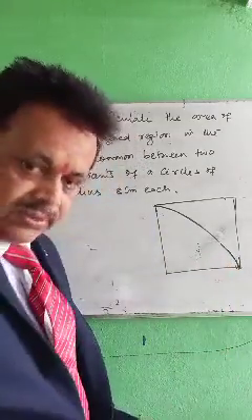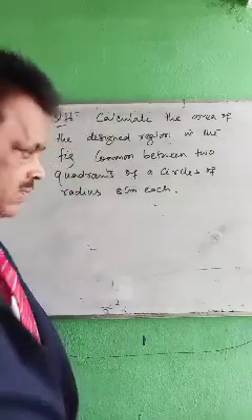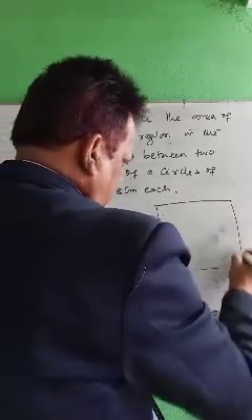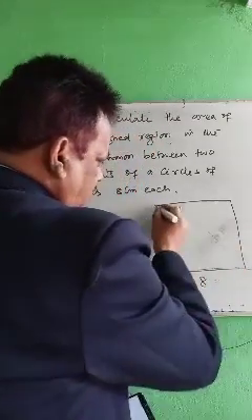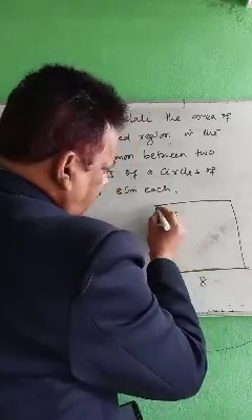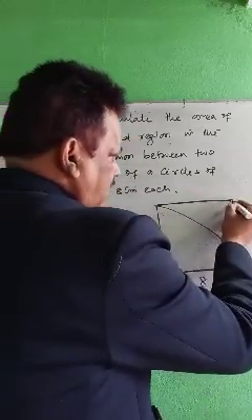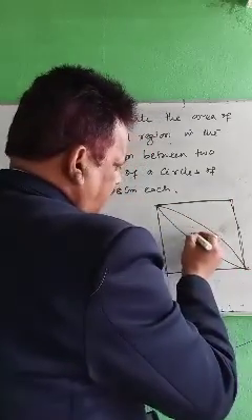Let's do it nicely. If I make it a square, because radius is 8 and 8, for this you make one quadrant, and for this you make another quadrant. You are asked to find this part.